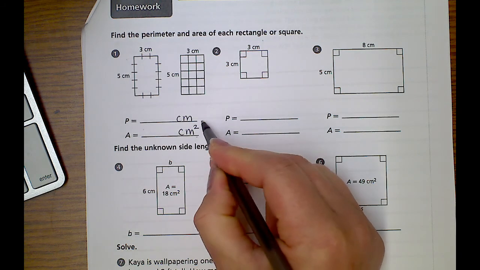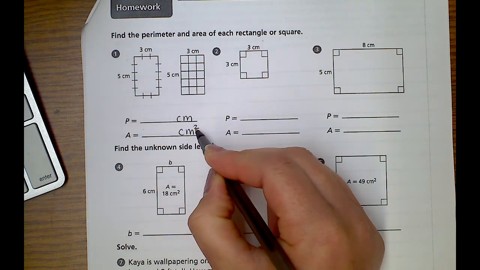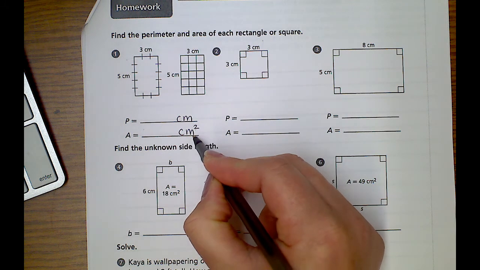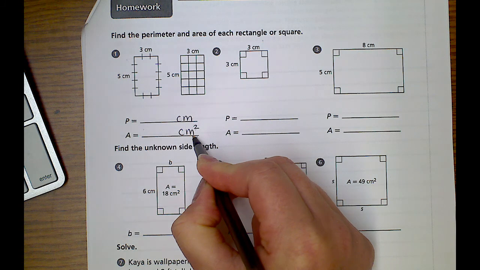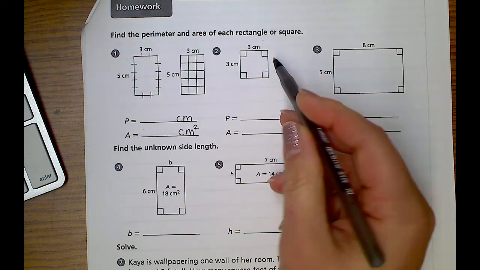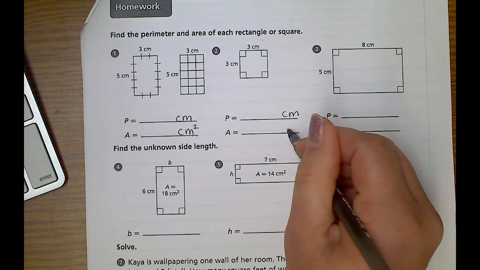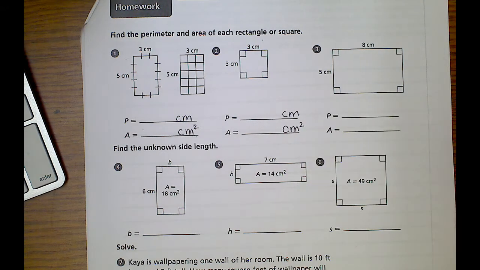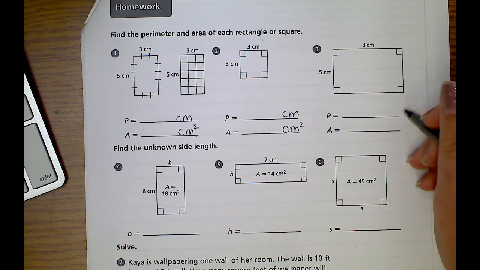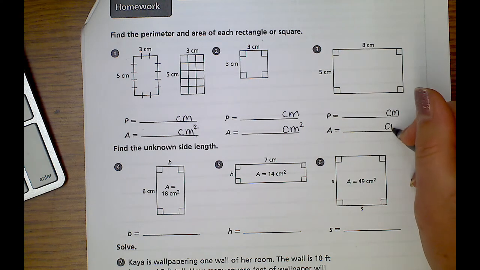If I square a number, we would be multiplying it by itself, but since we're squaring the unit, that lets somebody know that you're talking about the area of that shape. So here we have centimeters again, so we're going to write centimeters for perimeter, and for the area, centimeters squared. Here we also have centimeters, so I'm going to put the same thing for my units of measurement here.